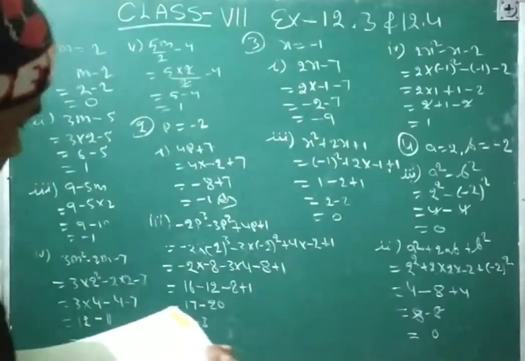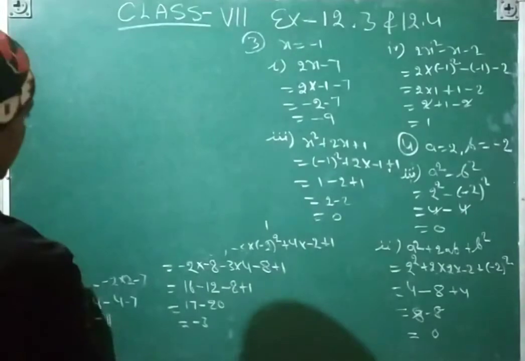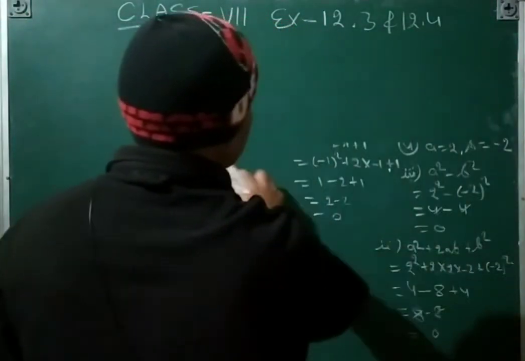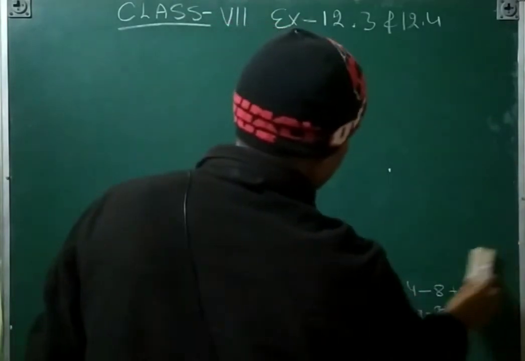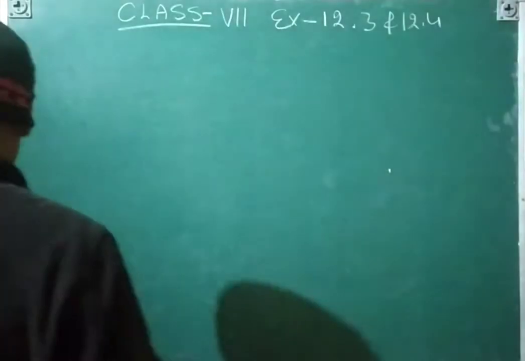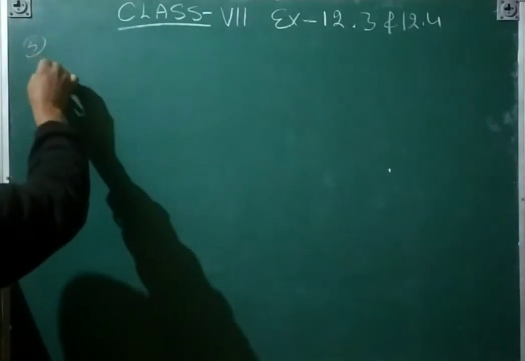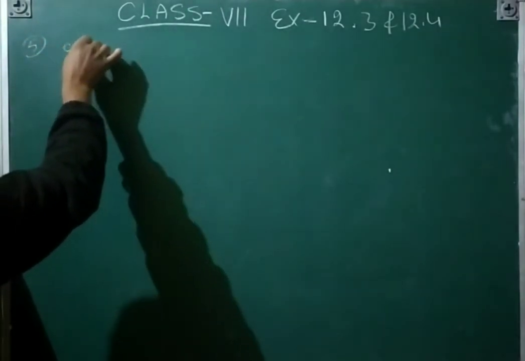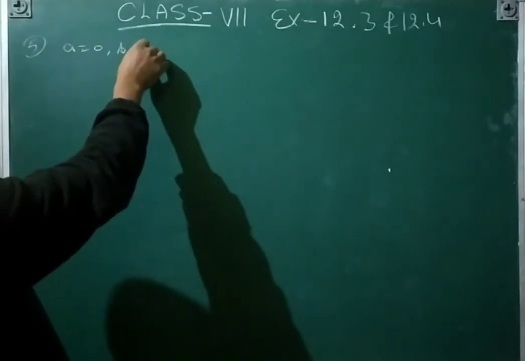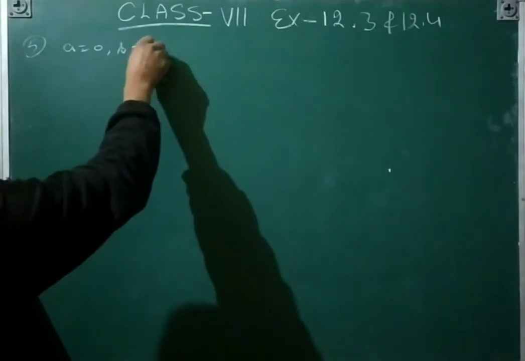And then fifth question is also similar. Everywhere in this exercise you will place the values, either of one variable, two variables, or three variables. Question 5: a is equal to 0, and b is equal to minus 1.